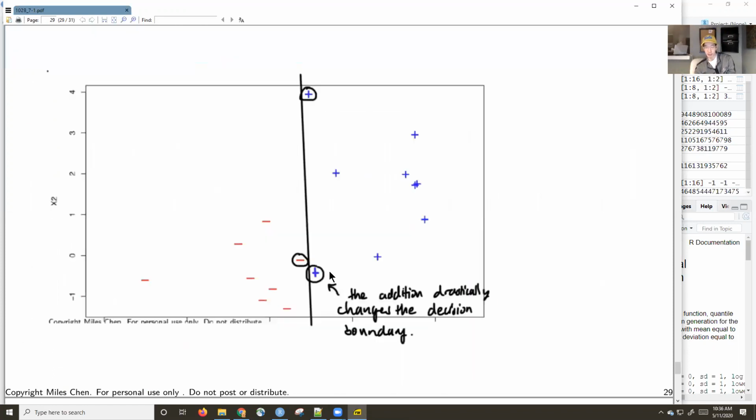But again, perhaps the hard margin, this maximum margin thing, is not the best result, and so another option is to bring in what we call a soft margin.